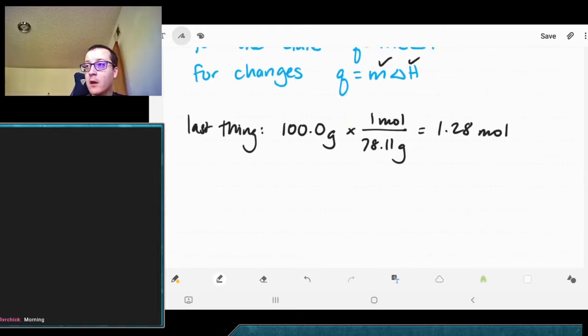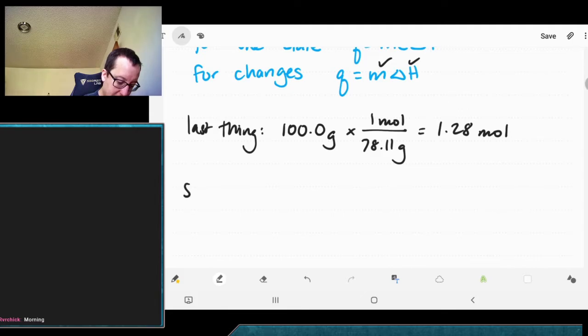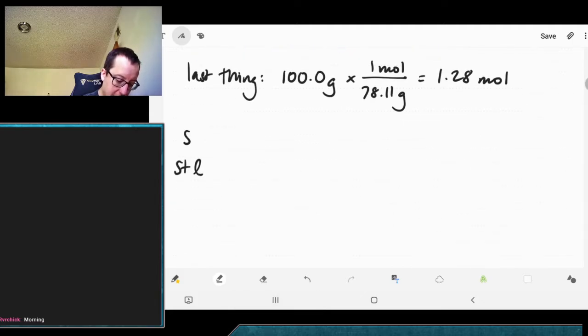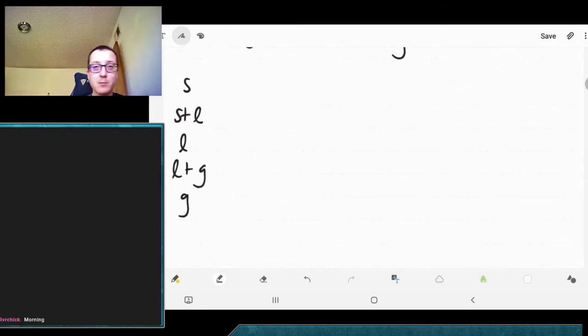So, question 7, all of these are in order. We're looking at essentially 5 phases here. We have the solid, the solid plus liquid, the liquid, the liquid plus gas, and then the gas portions of this graph.